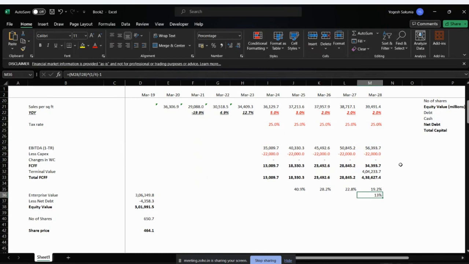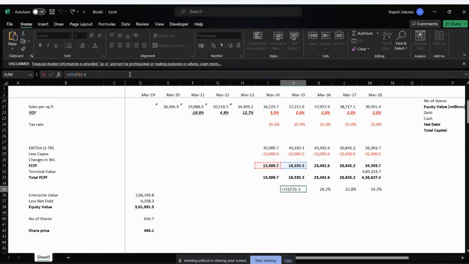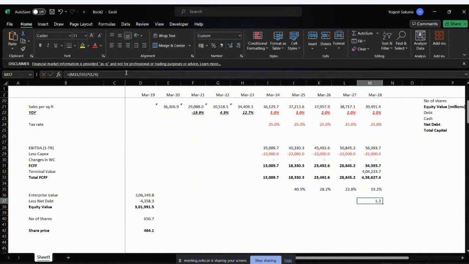So compounded annual growth rate of 13% here. Okay, I used a different number, that is why. So this is this divided by this, power 1/4, minus 1. Right? So the CAGR is 27.5.